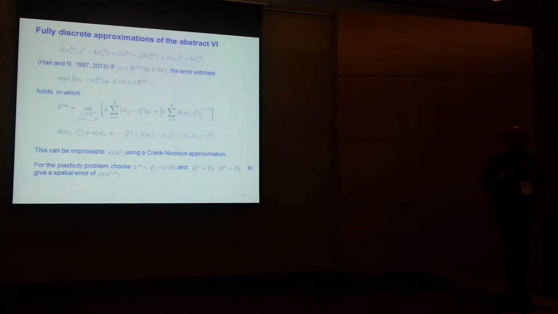In the case of fully discrete approximations now by variation inequalities, let me go back to that. So there it is as before. I've got the small delta here, meaning the divided difference.